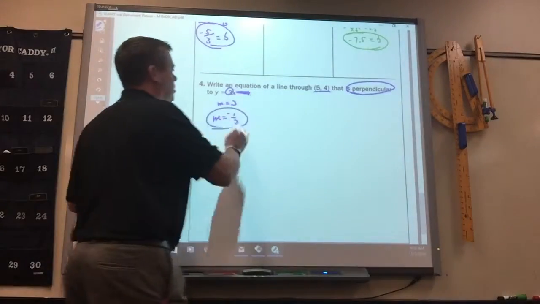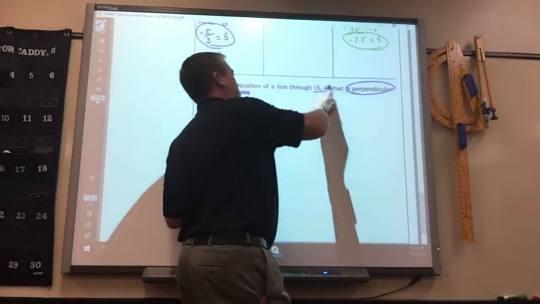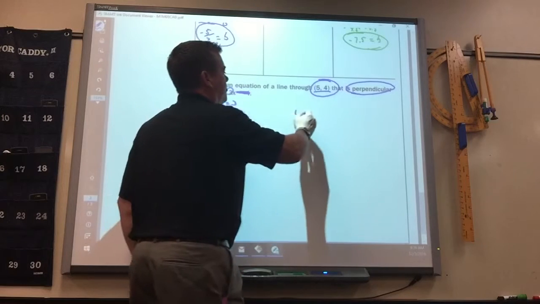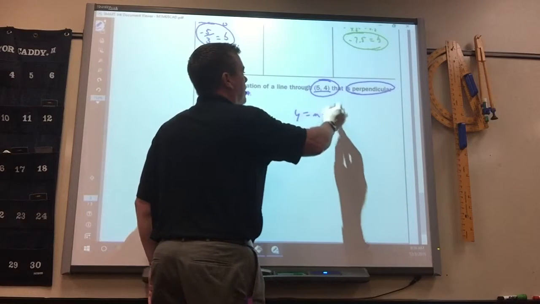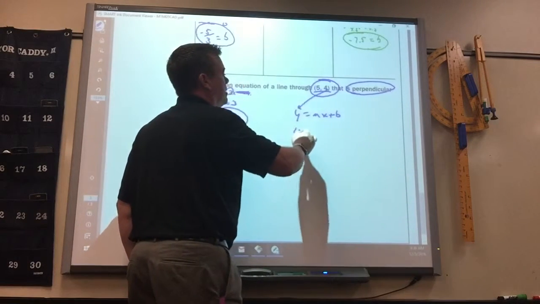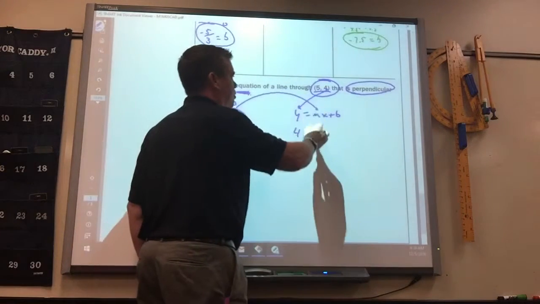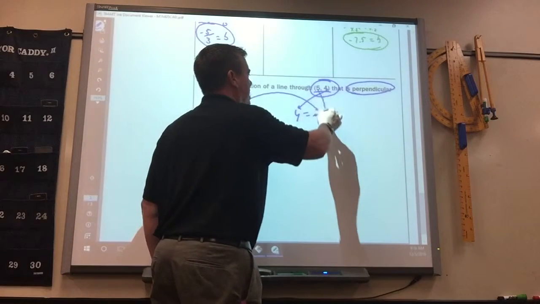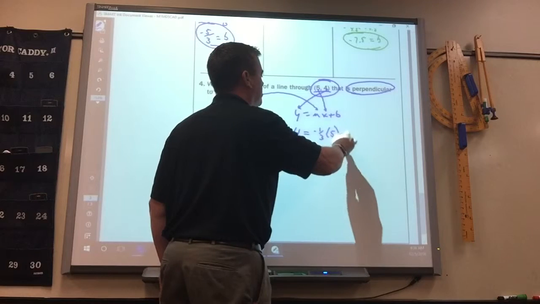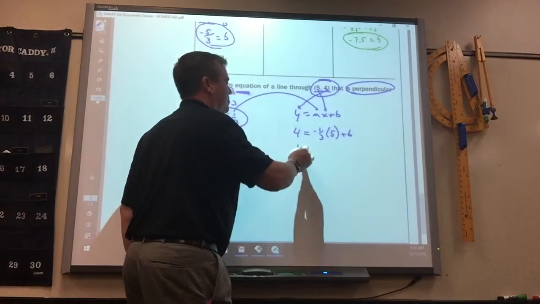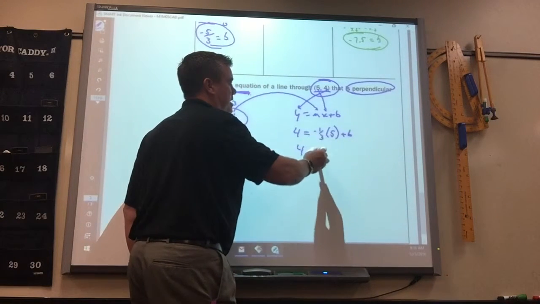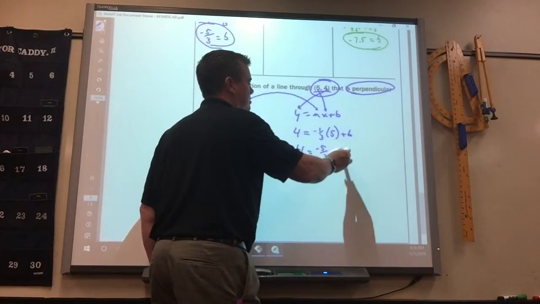Now, we do it just like in the last section. We put 4 in for y. The slope is negative 1/3. 5 in for x plus b. Negative 1/3 times 5 is negative 5/3.